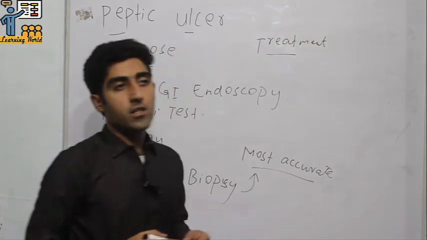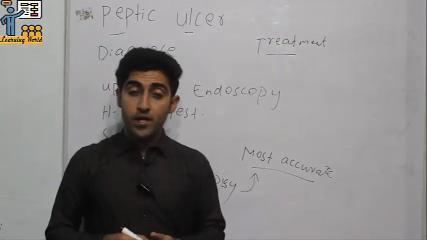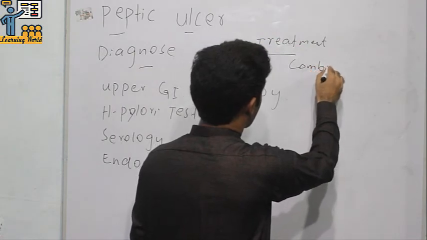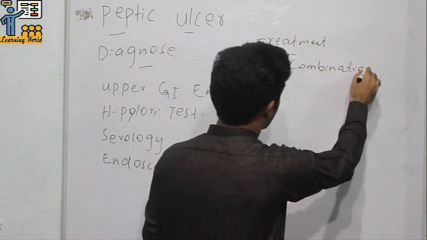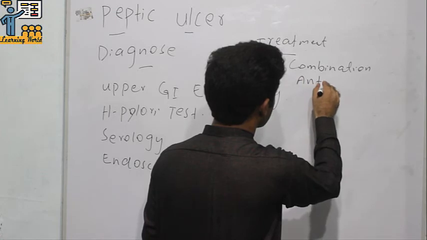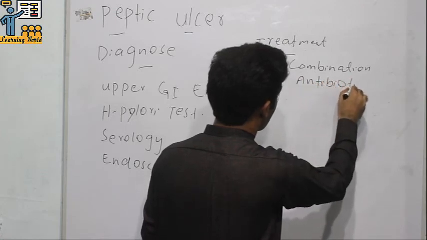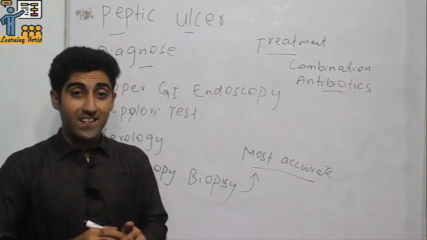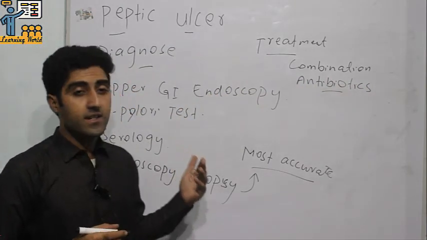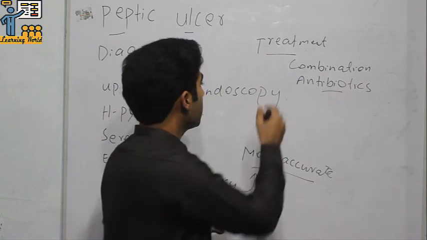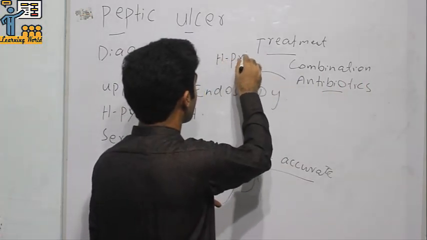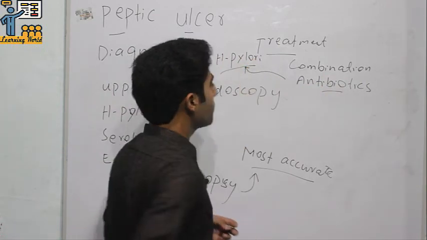First treatment is a combination of antibiotics, which will be used if the ulcer is caused by H. pylori bacteria.